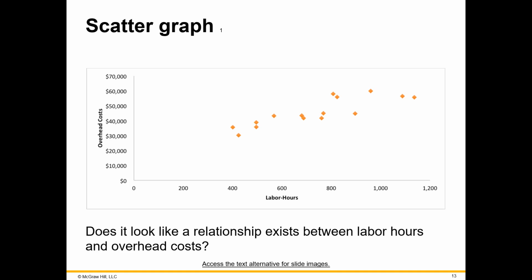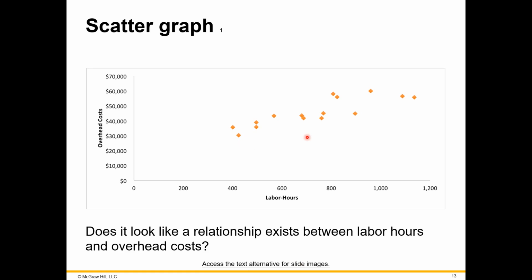For every month, they looked at the number of labor hours on the x-axis and the relative amount of overhead costs, and they plotted the point on the graph. So there should be 15 points on this graph since there were 15 months on the prior chart.